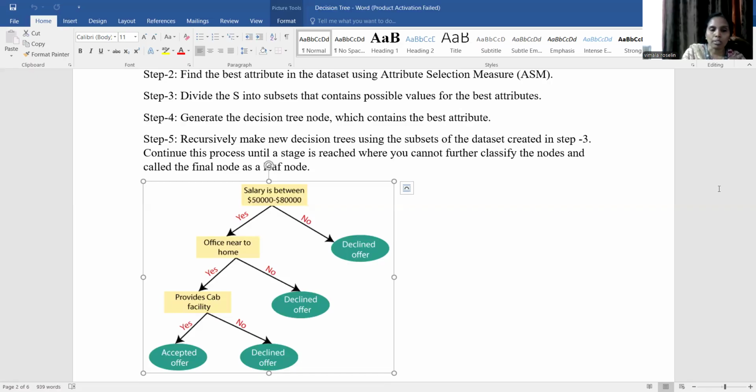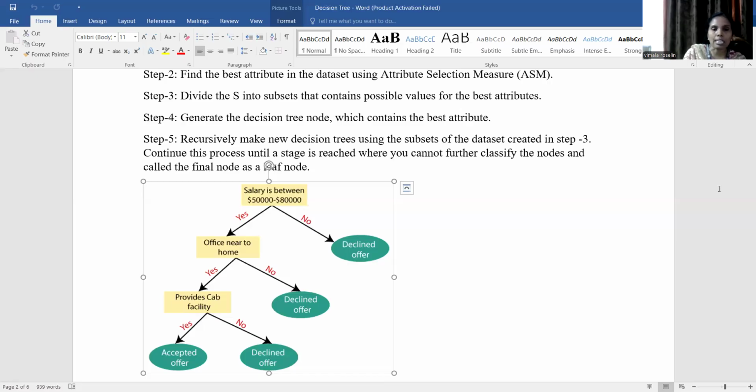If the facility is there, yes, that person will accept the offer, or otherwise he or she will decline the offer. So these many conditions they are going to check.